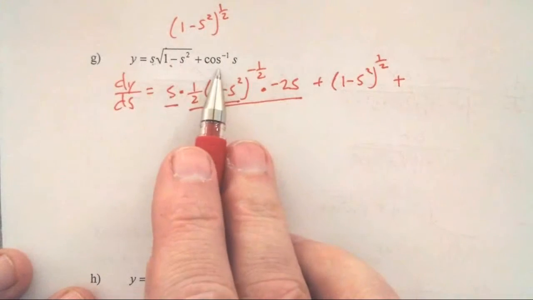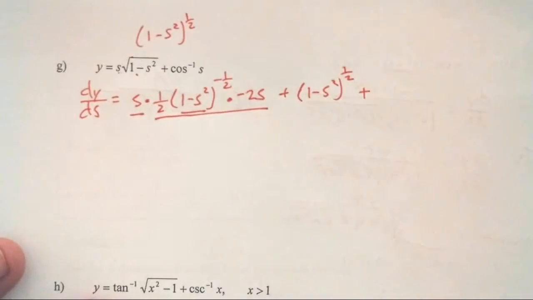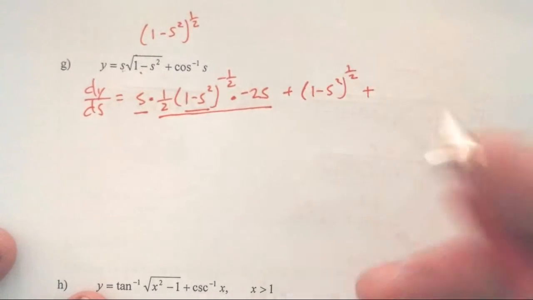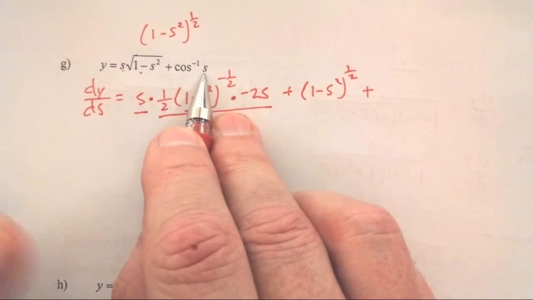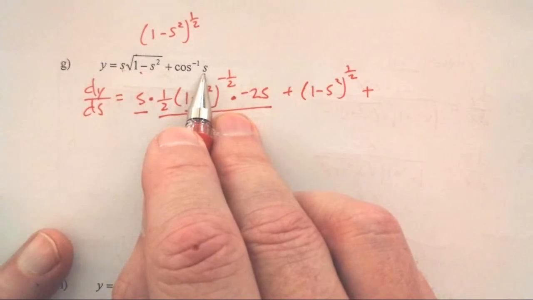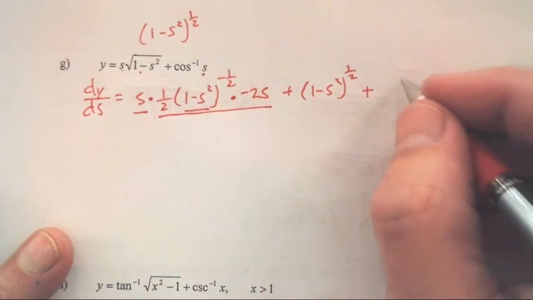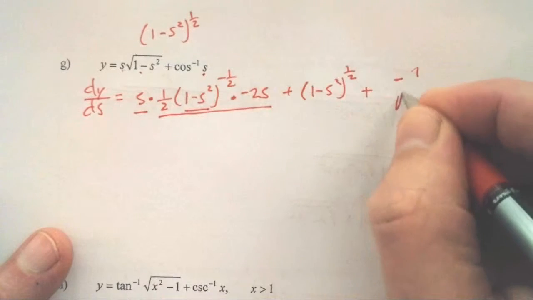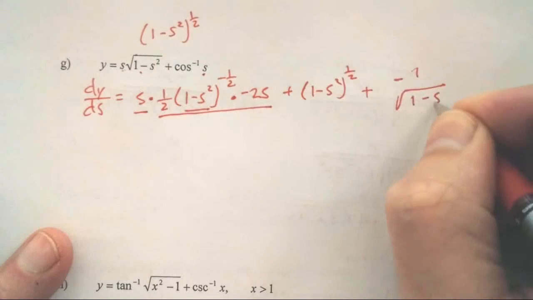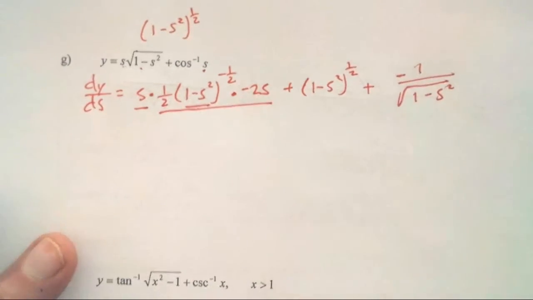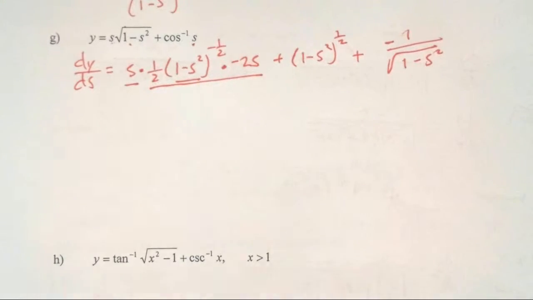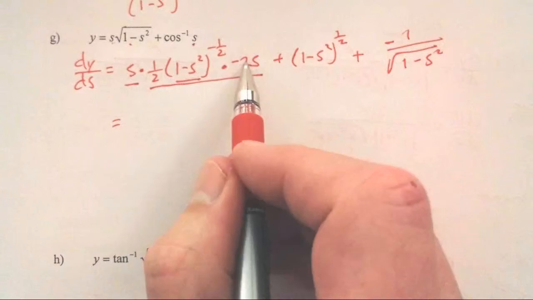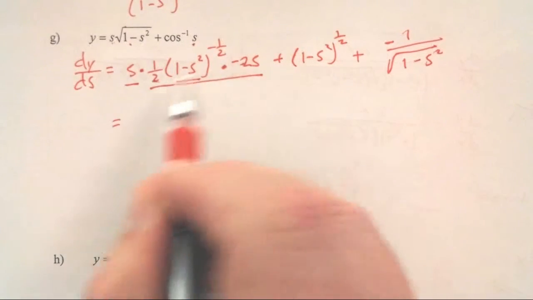Plus derivative of cosine inverse. Well, the derivative of cosine inverse is nice. This is s, so this isn't a chain rule. The derivative of cosine inverse s with respect to s is just negative 1 on square root 1 minus s squared. All right, let's see what cleans up here. The 2's cancel.